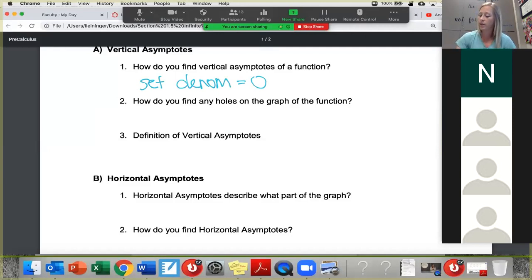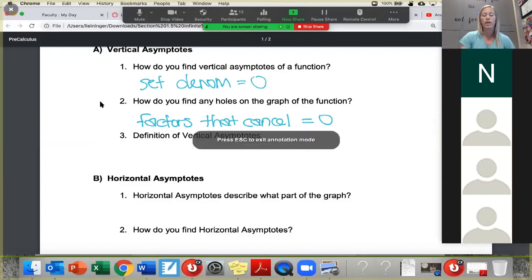Yes, that's when we found factors that cancel, and we also set those equal to 0. So that would be like an x minus 2 over an x minus 2, and we could cancel that. Then we had a hole at x equals 2. Okay? Any problems with that?